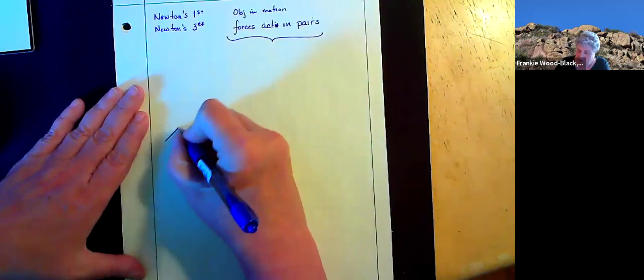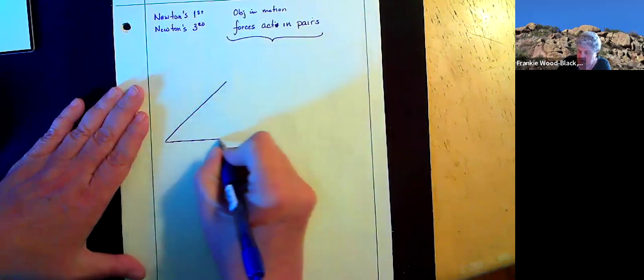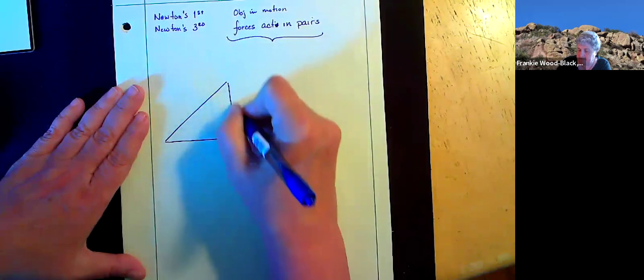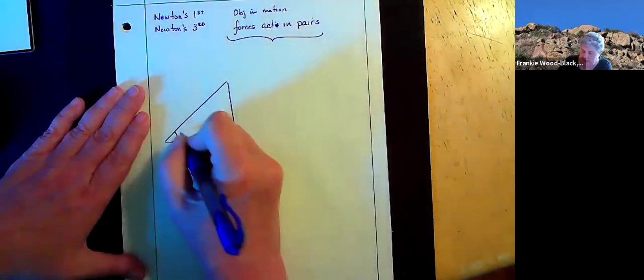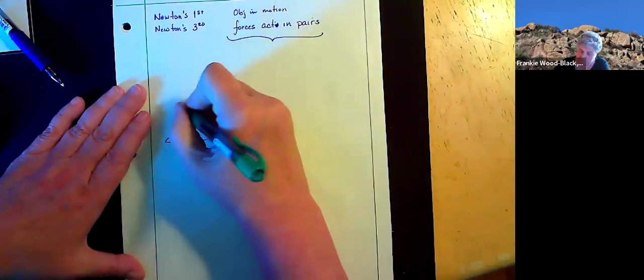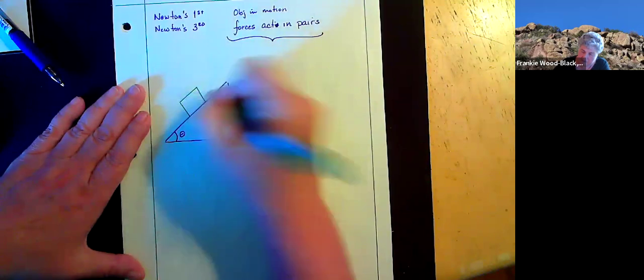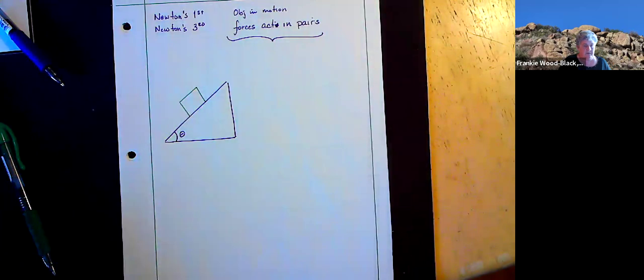So I'm going to draw something here. I'm going to use my inclined plane, and I'm going to give myself an angle here. And I'm going to draw an object on my plane. And I can actually do this a little bit.